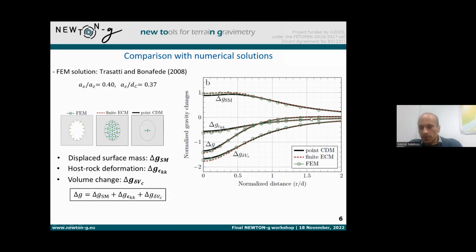You see that there is a very good agreement between the analytical solution, the quasi-analytical solution, and the finite element solution. All of them match well, and the delta G here represents the sum of all these 3 terms. This figure already shows that deformation-induced gravity changes can be quite significant. We should keep in mind that these contributions may not be negligible, depending on the source geometry.